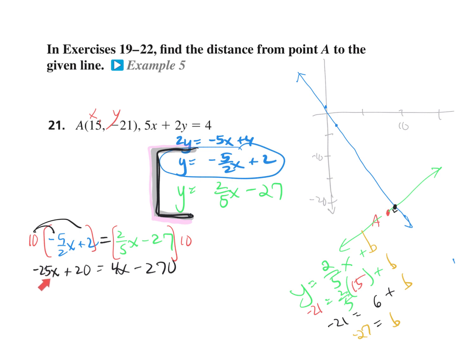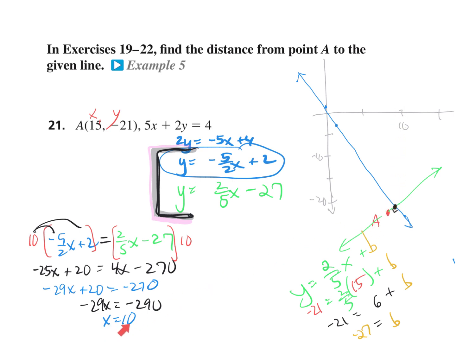Distributing, we get negative 25x plus 20. And on the right side, we get 4x minus 270. Let's subtract 4x from both sides. Then let's subtract 20 from both sides. And then finally, we'll divide both sides by negative 29. And x is equal to 10, which seems to be right in the ballpark.